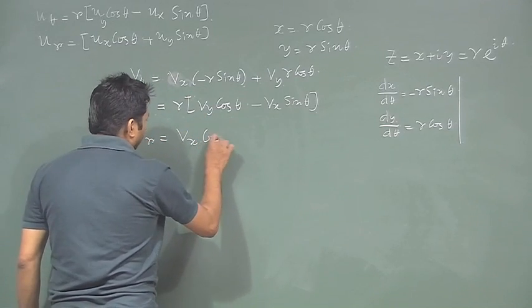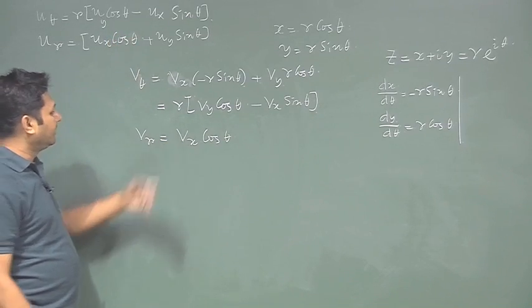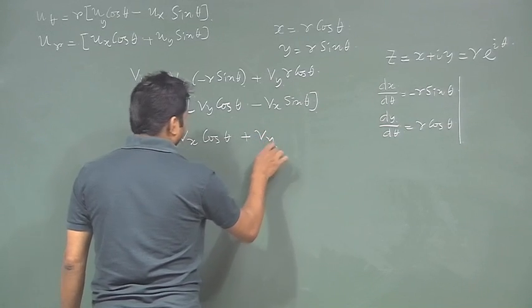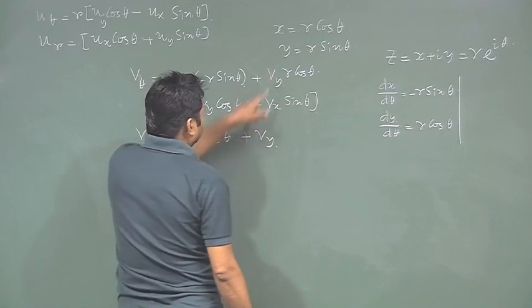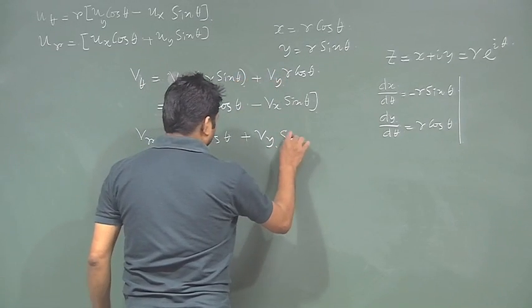I believe all of you will get it, because the same way I calculated this for u, I am doing the same thing for v. The expression is the same, and then vy dy dr is sin theta.